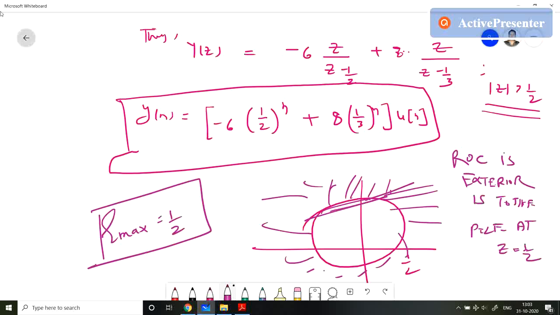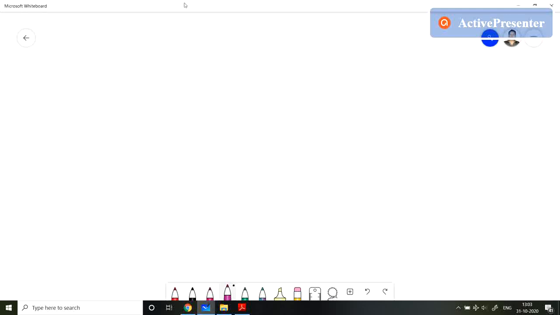Now let us solve another problem. The problem is: let x(n) be a causal sequence, and the z transform of x(n) is given as X(z).